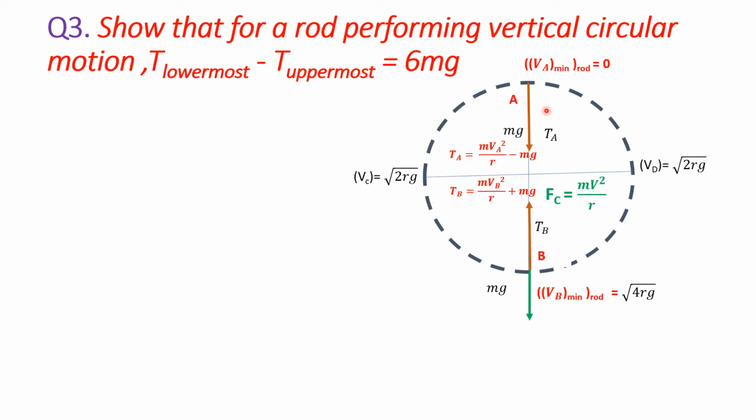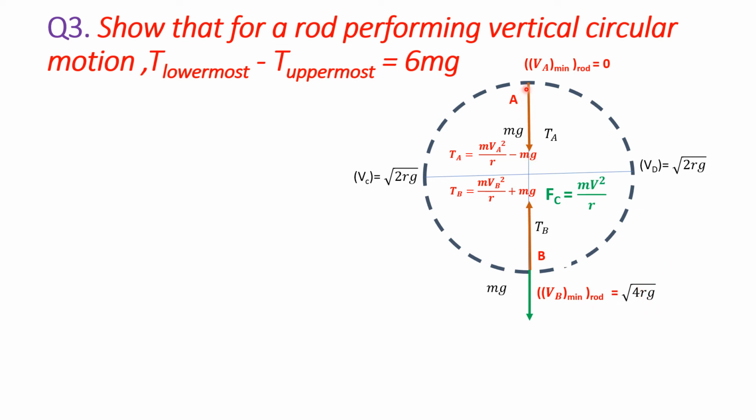Here we have considered a vector diagram of the rod performing a vertical circular motion. We know that at the uppermost position, the velocity is always 0, and at the bottommost position, the velocity is given by square root of 4rg.